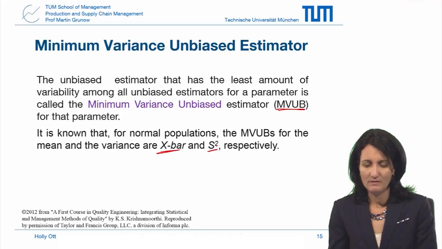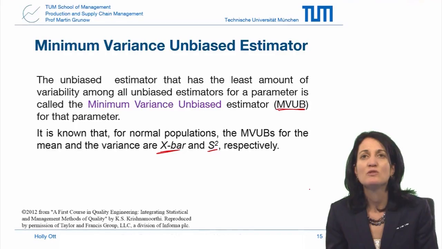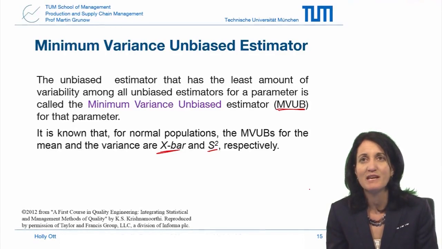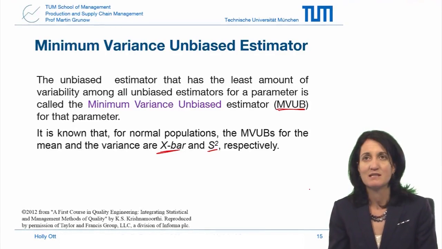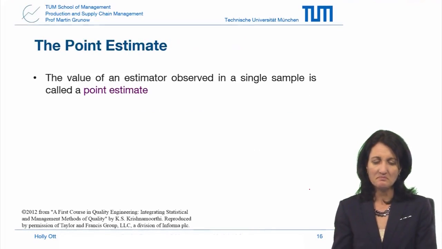So we can use these as good estimates for our mean and variance of the normal population, and use these two statistics to make inferences about the mean and the standard deviation, or the variance of our normal population.